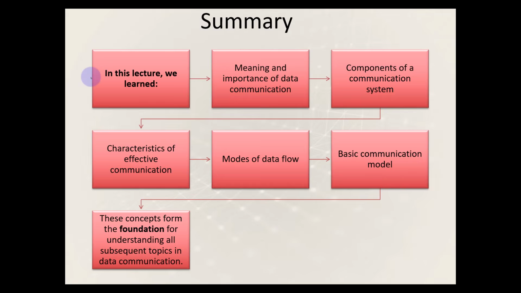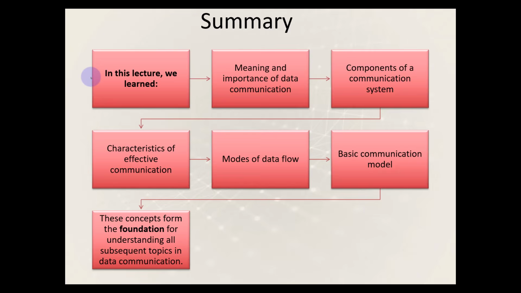So in this lecture, we have talked about what data communication is and why it is important. We have looked at the basic components of data communication, what makes up a data communication system. And then we have looked at the things a data communication must have to be effective, and the three main ways through which data moves along the data communication system: the half duplex, the simplex, and the full duplex.